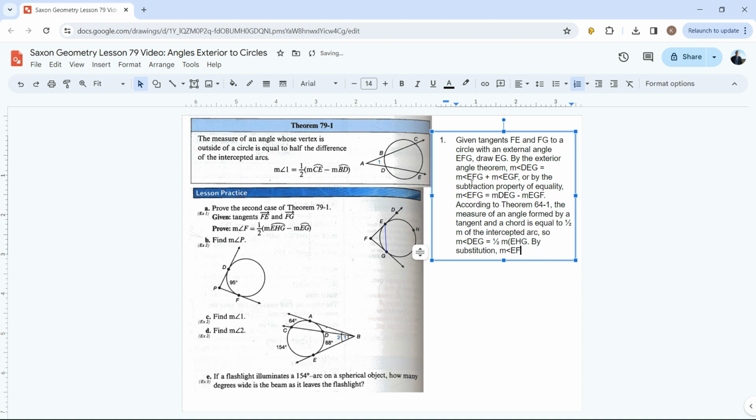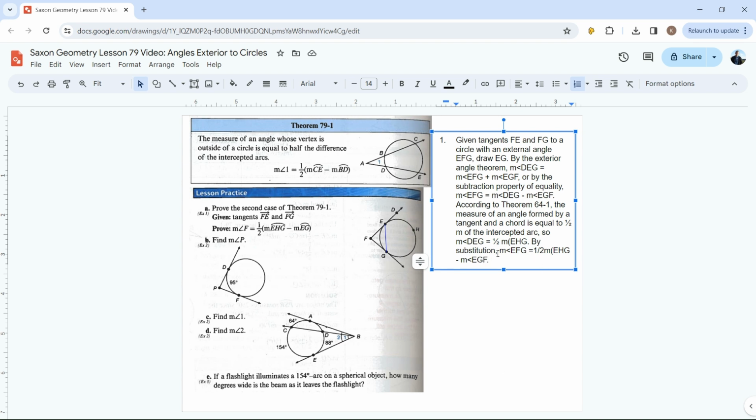The measure of angle EFG equals, and I don't want the measure of DEG in my answer, so I'm going to substitute DEG with 1/2 the measure of arc EHG. Then I still have this up here, minus the measure of angle EGF.